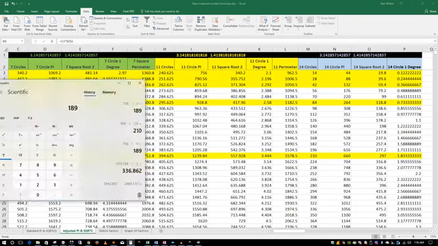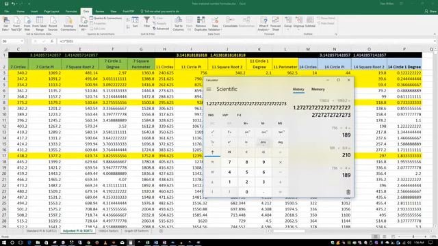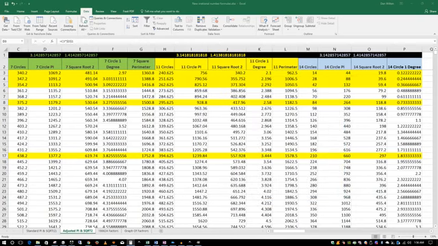So if I take this number and divide it by 1069.2, you can see I get the square root of phi. So this would basically be the same as 14 over 11, something like that.